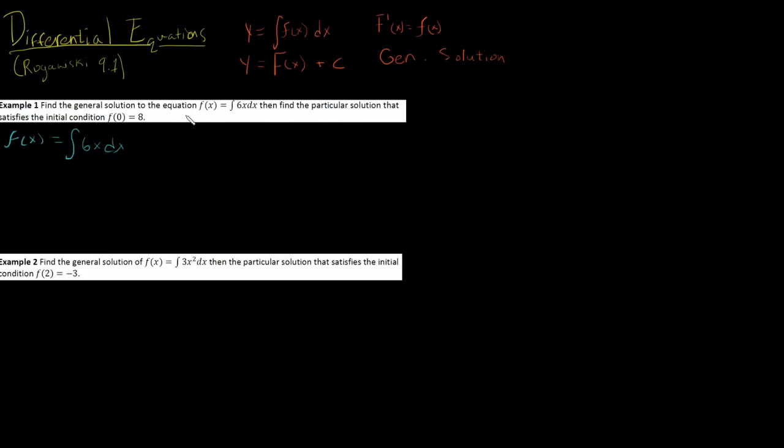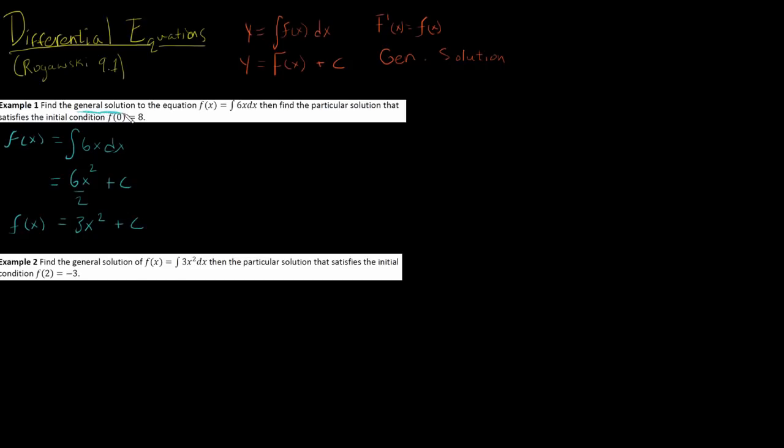And then we'll find our particular solution, satisfying f of 0 equals 8. First things first, let's take our antiderivative. So f of x, power rule says add 1 to the exponent and divide by 2. Can't forget plus c. We'll simplify that a little bit. So f of x is equal to 3x squared plus c. That's our general solution.